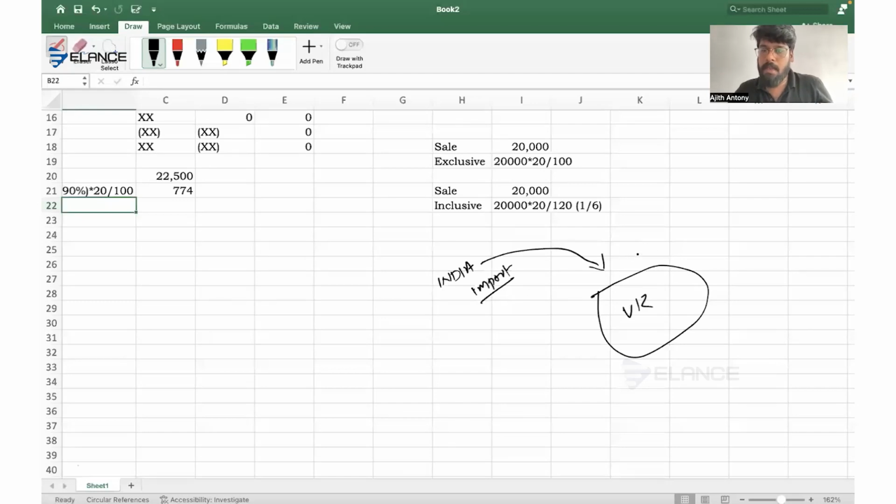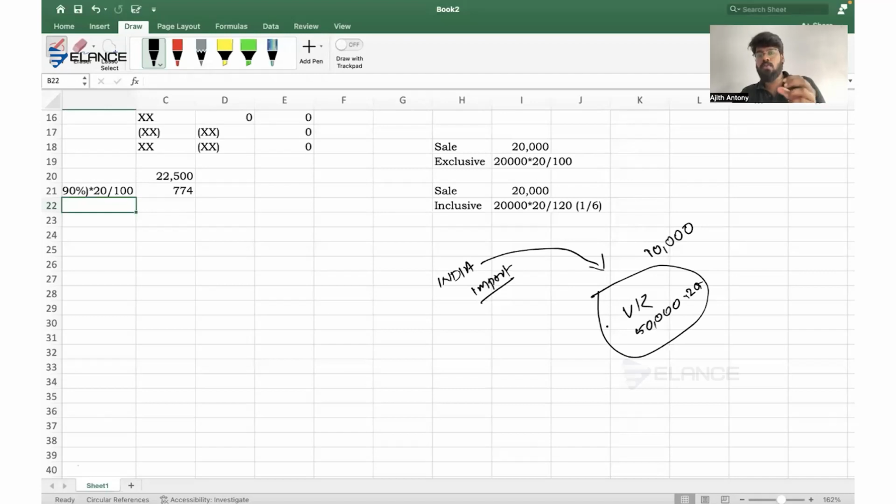For example, I'm importing an asset with a value of 50,000. At the time of importing this 50,000 valued asset, I should pay the 20% standard rate VAT to HMRC, which will be 10,000.